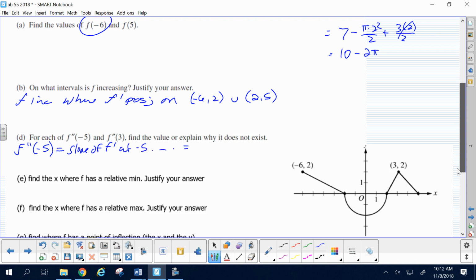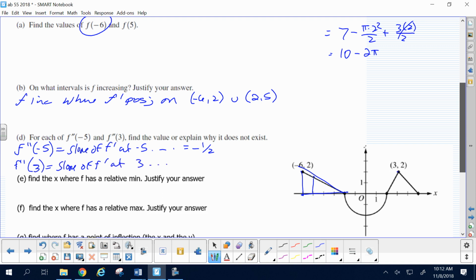And at negative 5, the slope is down 2 over 4, so negative 1/2. You follow? What about f double prime at 3, which equals the slope of f prime at 3?